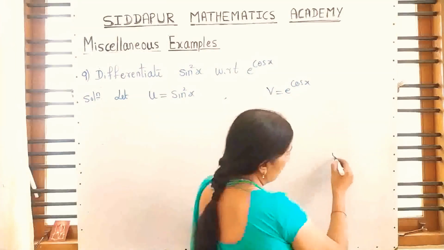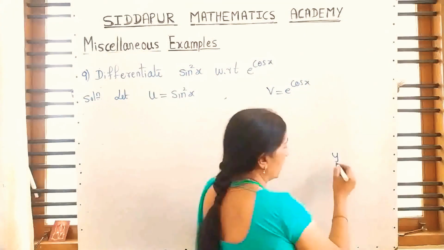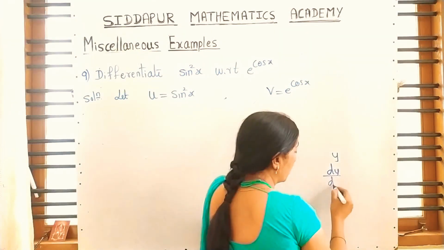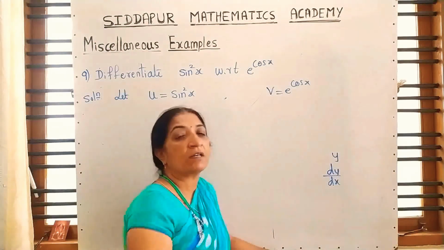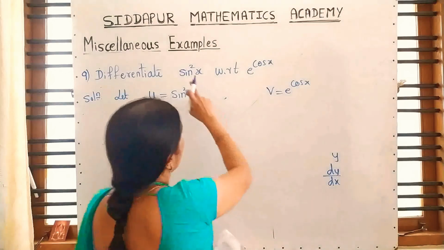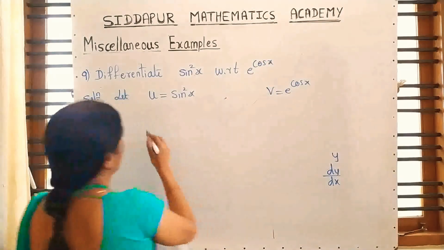See, if y is given and you are differentiating with respect to x, what are you writing? dy upon dx. Y with respect to x, that term with respect to comes in the denominator. So the first term with respect to second, this comes in the denominator.